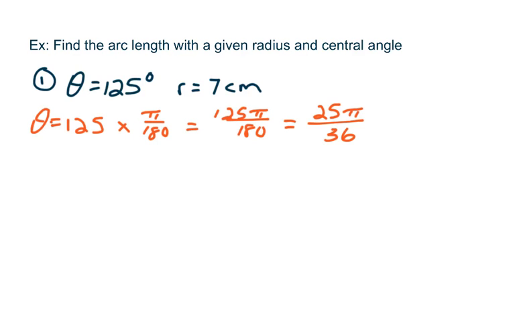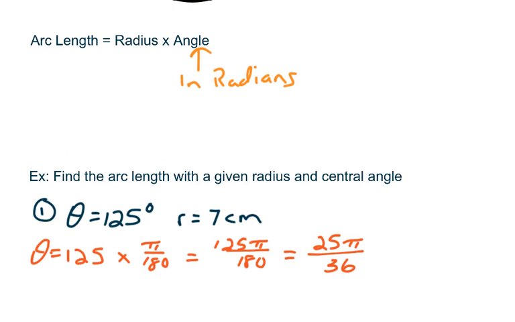Once we've got our angle figured out in radians, we can go ahead and put it into the formula. The arc length, by the way, and I never gave this to you, the symbol for arc length, the book uses lowercase s. I really don't know why, but that's the letter they use, so that's the letter I'm going to use. So s is equal to the radius times your angle. And again, the angle needs to be in radians.